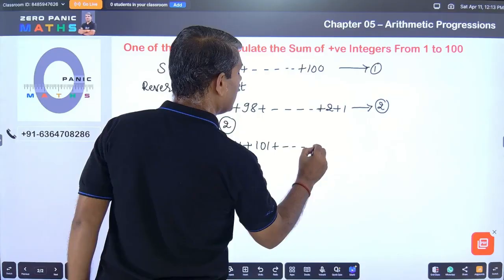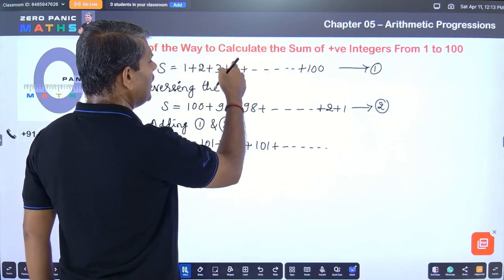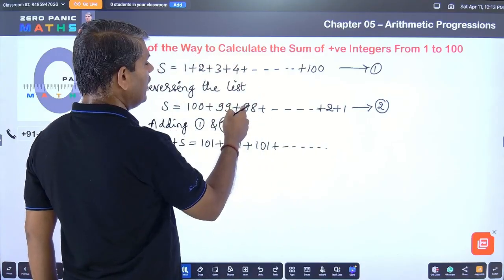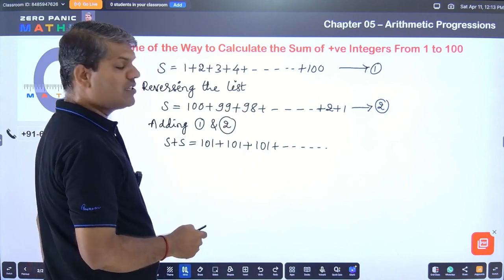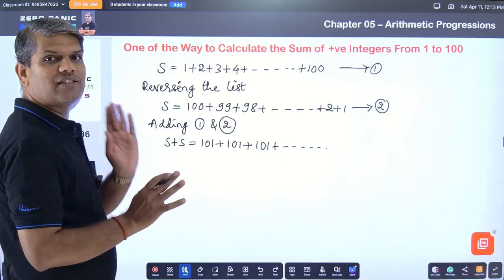If we continue this way, every nth term of the first series added to the nth term of the second series gives 101.